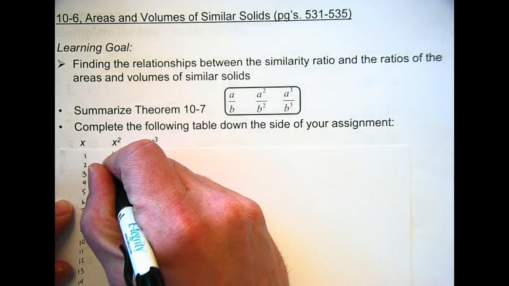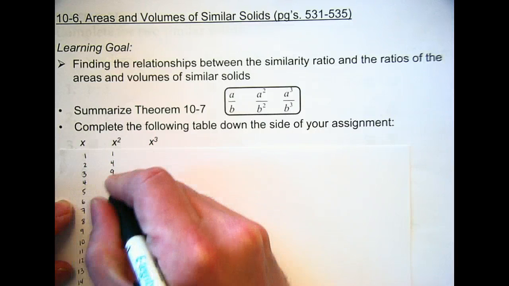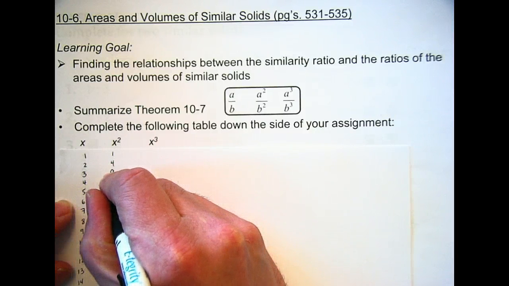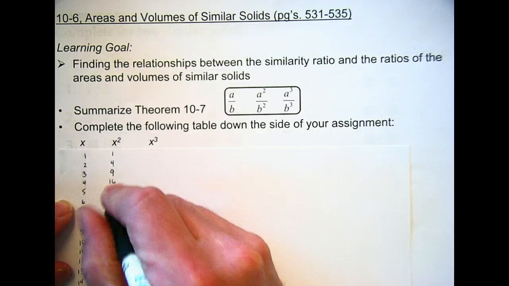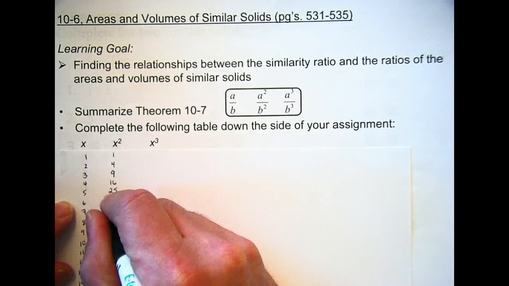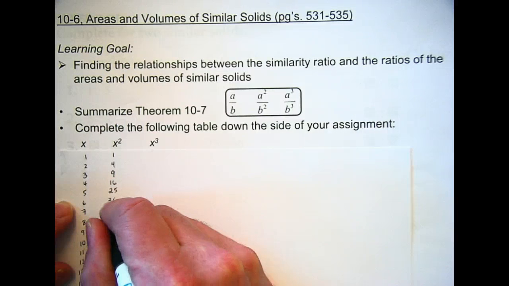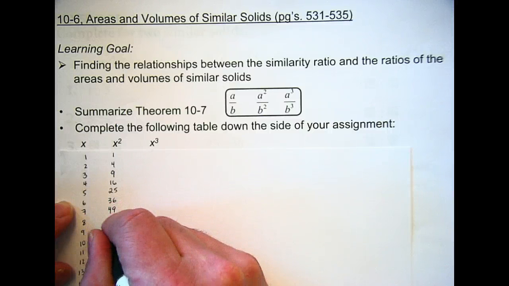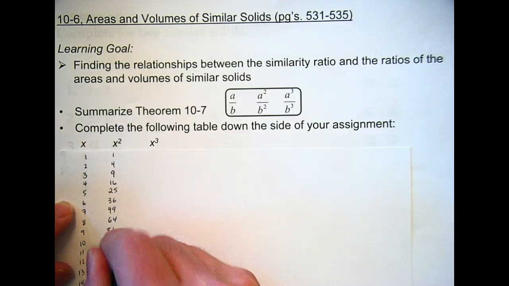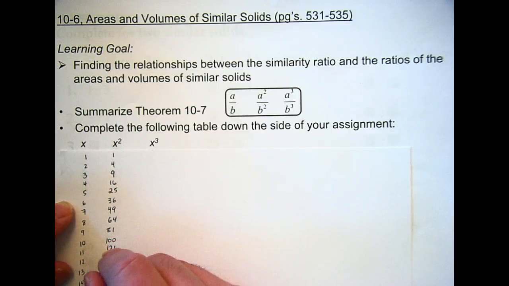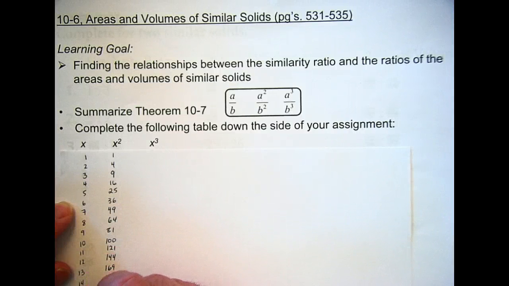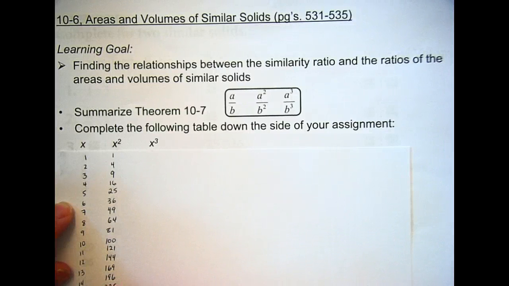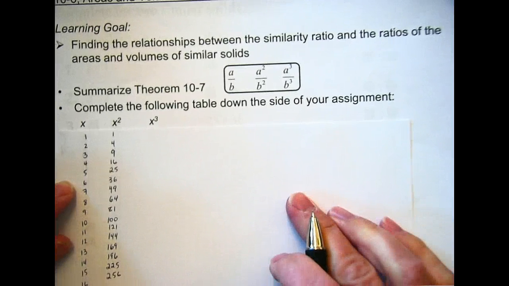For 2? 4. 9. 16. 5 squared? 25. 6, 36. 7, 49. 8 squared? 64. 9 squared? 81. 10, 100. 11, 121. 12, 144. 13, 169. 14, 196. 15, 225. 16, 256.